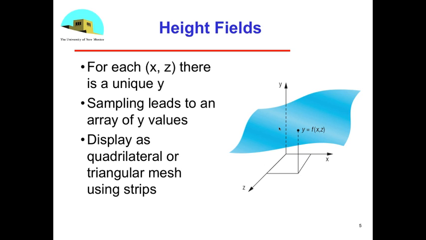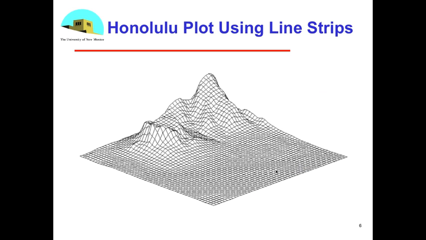Well, one way to display it is for each line going across here, I display all of those heights by using the heights that are in the array, and I could do them in the x direction, I could do them in the y direction, or I can make little loops by using 4 of them. But here's one way. Here's some data that I've made. It's on the website.